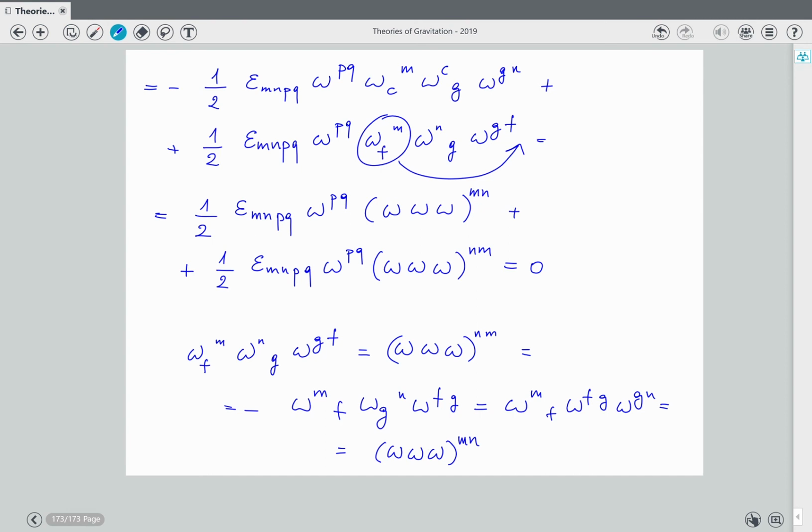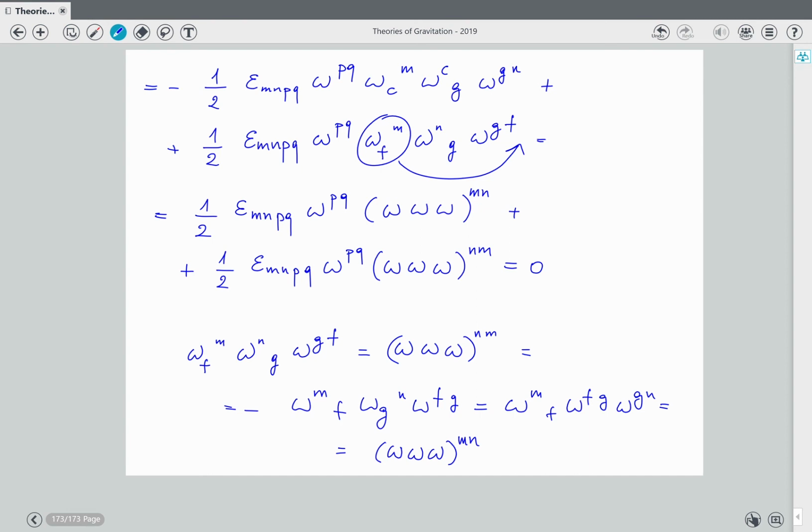Maybe for today we stop here. The point is that this is an antisymmetric matrix, omega. When you take the cube of an antisymmetric matrix, you get an antisymmetric matrix. But this is a cube of a form, so there is an extra minus because it's omega, omega, omega, a form, so it becomes symmetric.